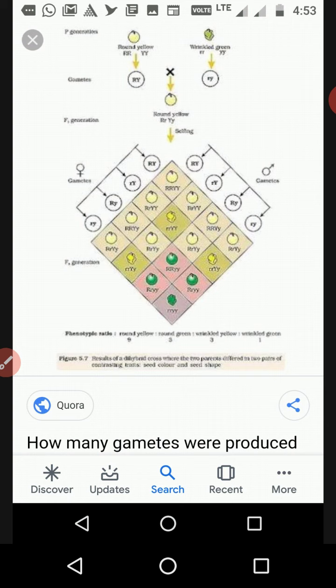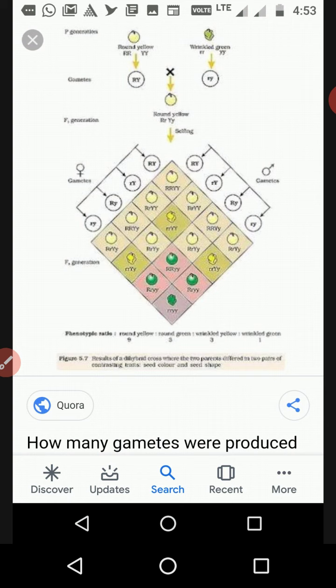So here we can take one capital Y as one factor, and capital R as the dominant character, so we take one capital R. So two characters, capital R and capital Y, indicate one parent, and the other parent gives the recessive characters, small r and small y.